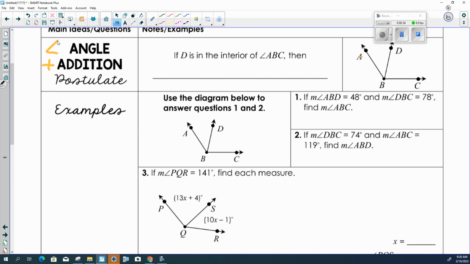So looking here at our picture, if D is in the interior of angle ABC, which it is, here's D, here's ABC, it's in the interior, then we create these two different angles. The first one is this, ABD, plus DBC.